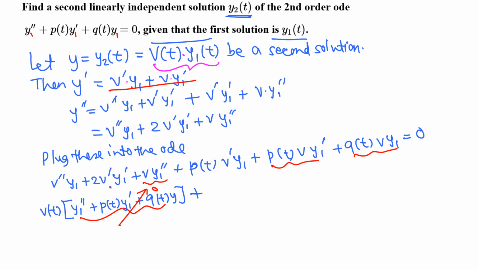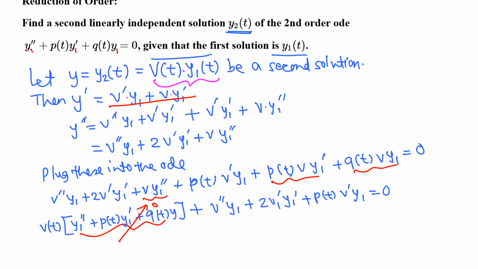That leaves v double prime y1 plus 2 v prime y1 prime plus p(t) v prime y1 equals 0. Basically we are trying to find the value of v. As soon as we know the function v, our second solution will be v times y1. That's the second solution, and y1 is already given in this question.